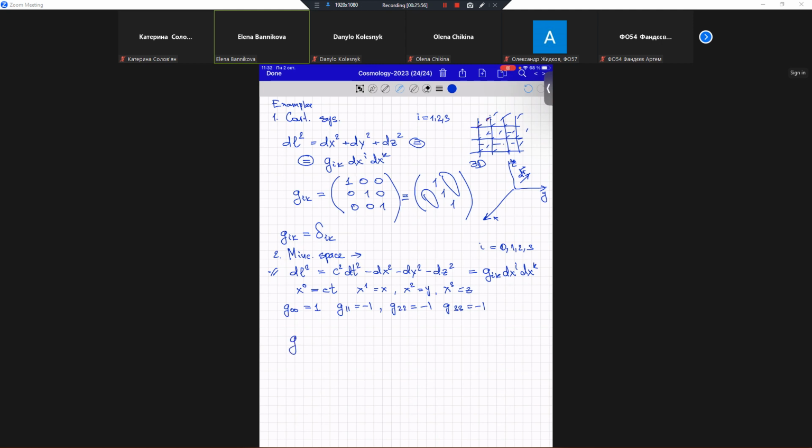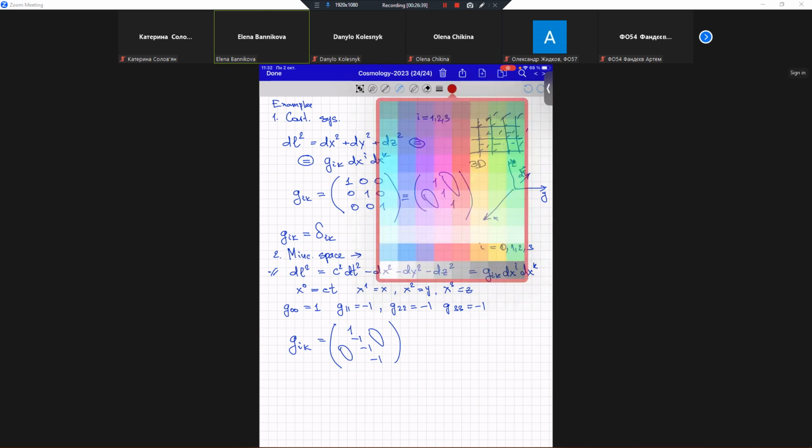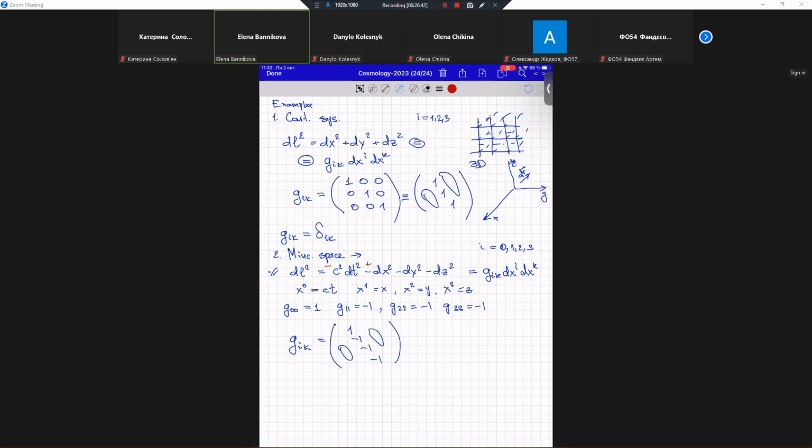The other components are 0. I already touched on this point: sometimes people like to use a metric with a different signature, for example putting a minus in front of the time component, and then plus, plus, plus.